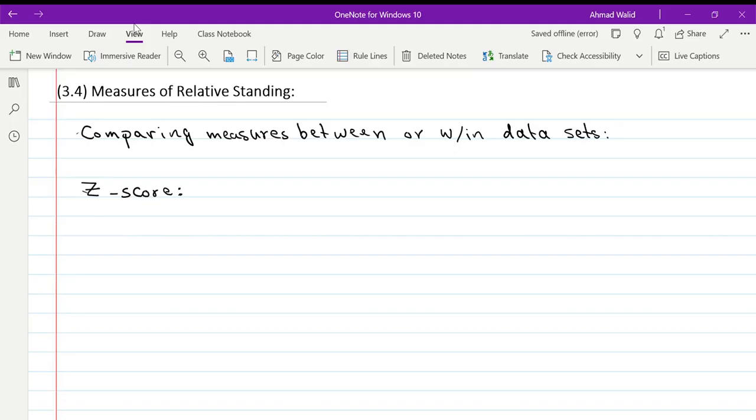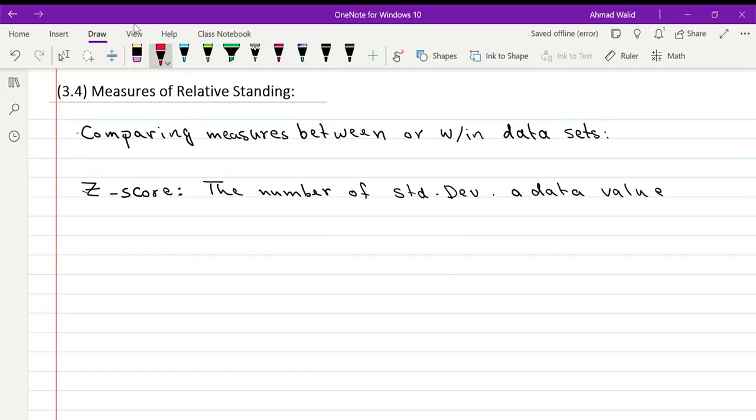What is z-score? Z-score means the number of standard deviations a data value is away. Let's say what letter we are using for data value.